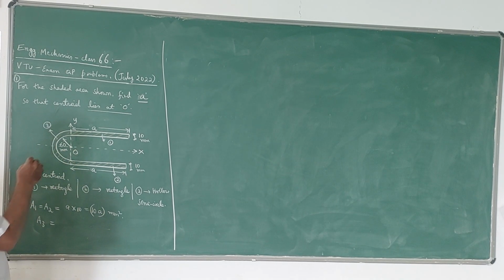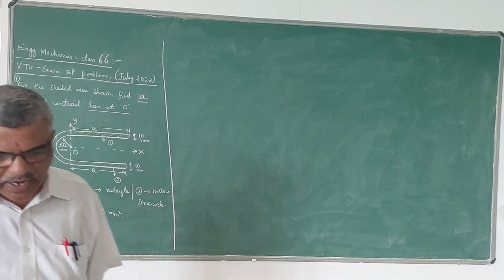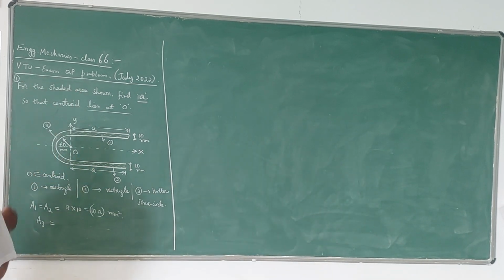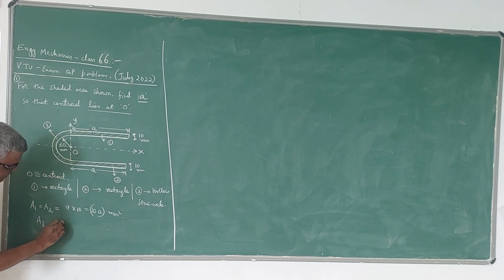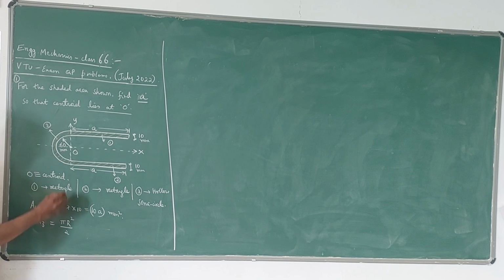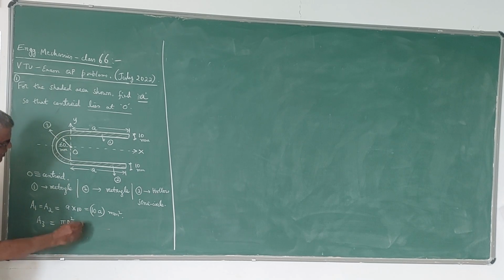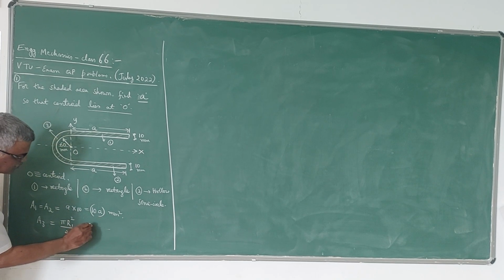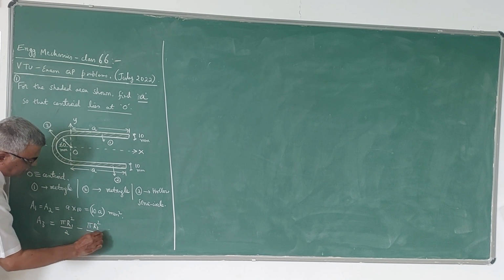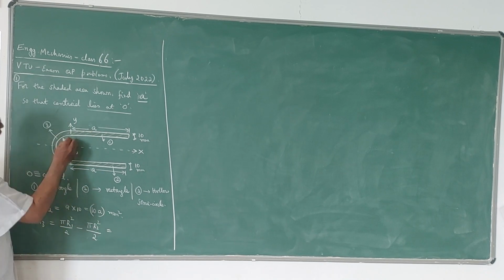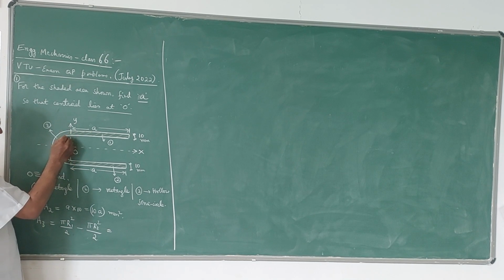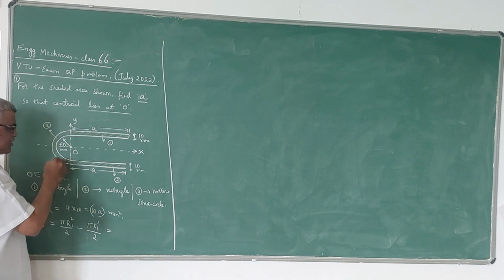You know that pi r square is the area of a circle, divided by 2 becomes the area of the semicircle. I will take the bigger radius as r1 and the smaller radius as r2. So you should be careful here. I am deducting the area of the small semicircle from the area of the big semicircle.